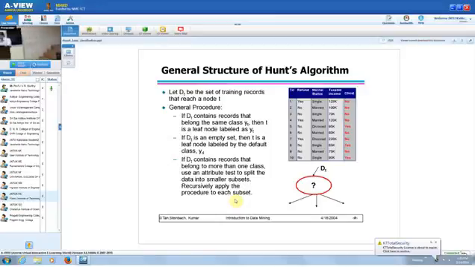The value with which the gain, that is the entropy difference, is more, you will consider as the splitting attribute at first. Then you will split it, and recursively apply the condition at each and every node. That is how you will construct the tree.